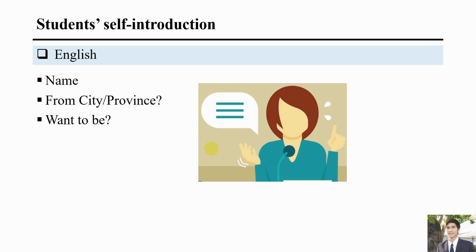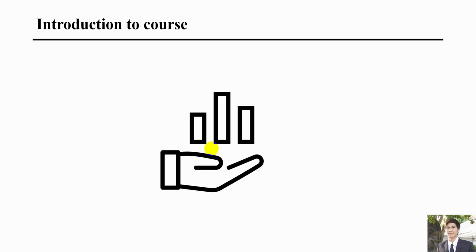There are three important points: your name, where you're from, and what you want to be. Because we are online and not face to face, and we are working on sharing content, we will skip this part. We may introduce ourselves later during the lab class. It's just getting to know each other.